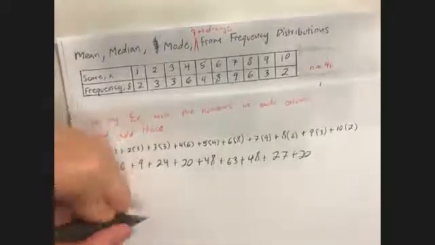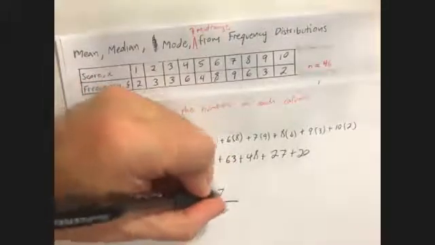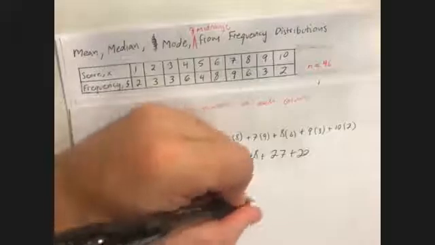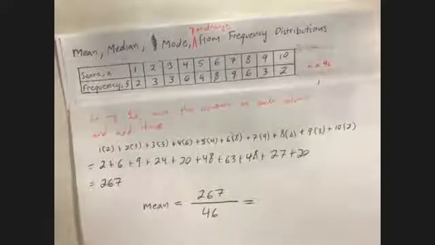So my mean is going to be that number, 267, divided by 46. It's going to tell you to round to a certain number. Let's see what it says. It's going to ask you to round to 3 decimal places.